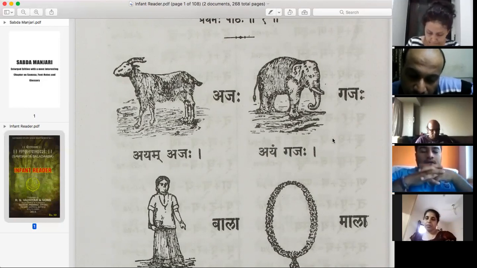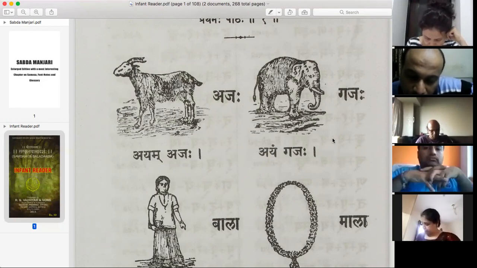And all the nouns revolve around the verb. Once you have identified the verb, then half the battle is won. See, these things we are not taught in our schools. We never learn grammar in a structured way in our schools.